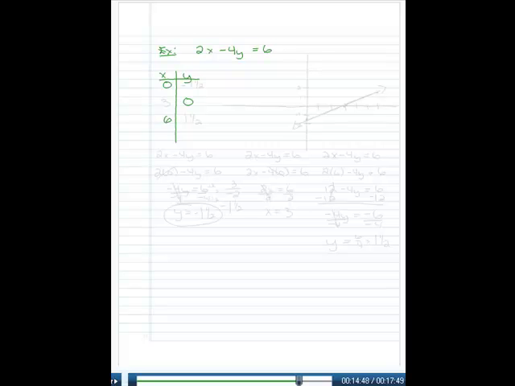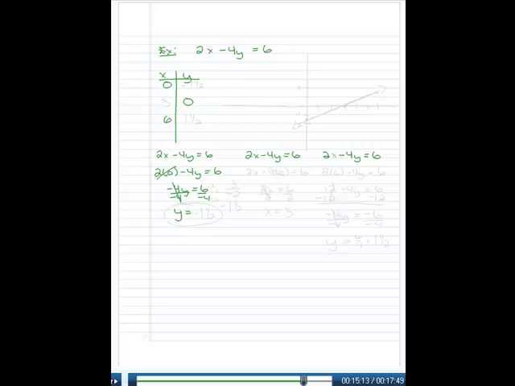So, I'm going to write my equation 3 times. And the first time I picked x is 0, so 2 times 0 minus 4y equals 6. That equals 0. Negative 4y equals 6. To get y by itself, divide by negative 4.